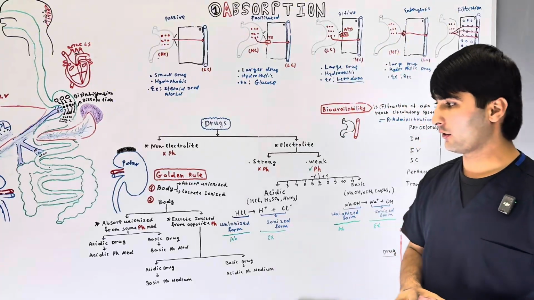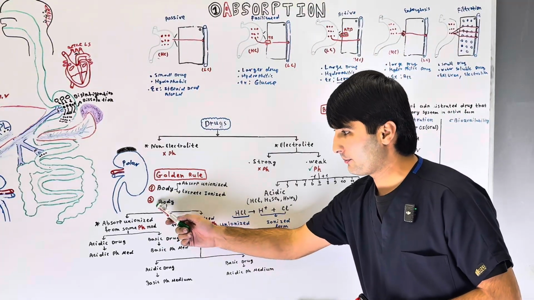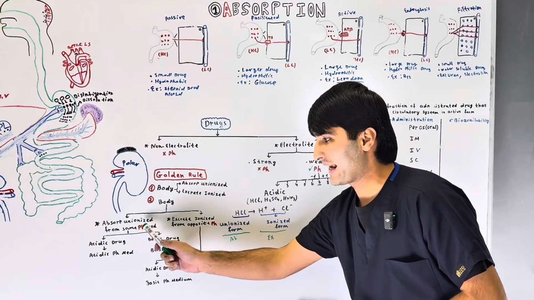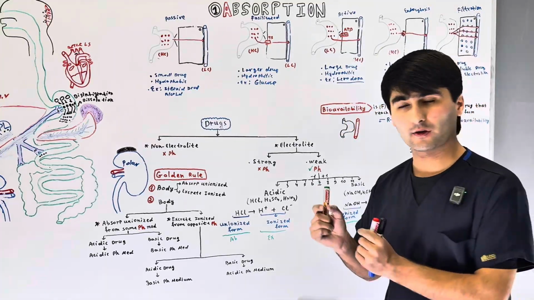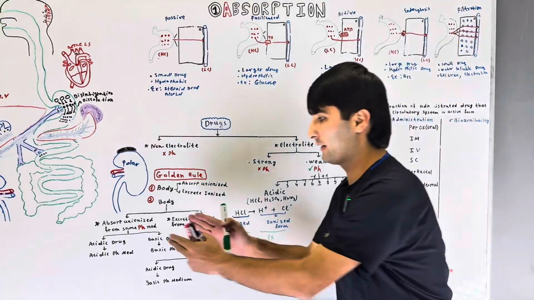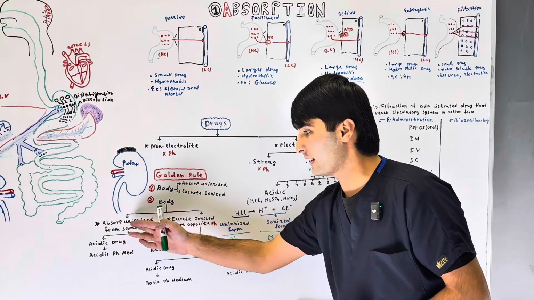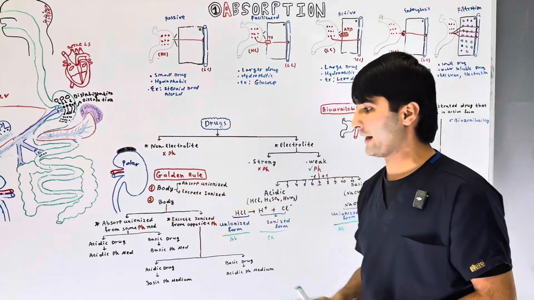The second golden rule: the body absorbs the unionized form from the same pH medium. It is a rule of the body. What is the meaning of this? It means the body absorbs the unionized drug from the same pH medium.